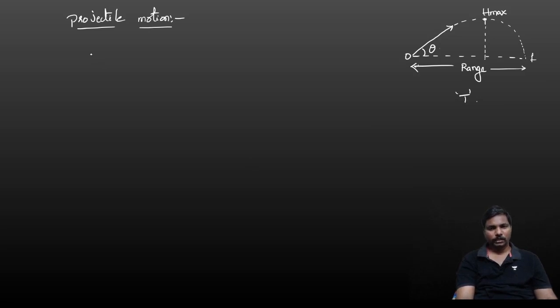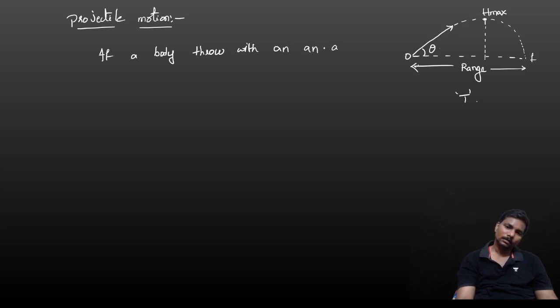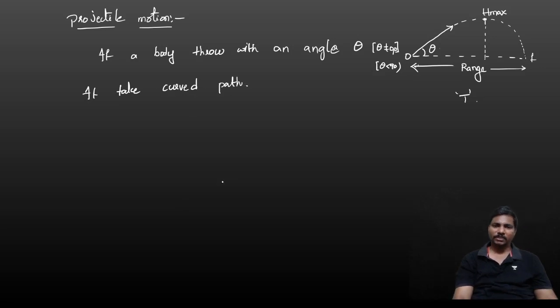Take down some points. If a body is thrown with an angle theta, generally theta is not equal to 90, let us take theta less than 90, then it always takes a curved path.